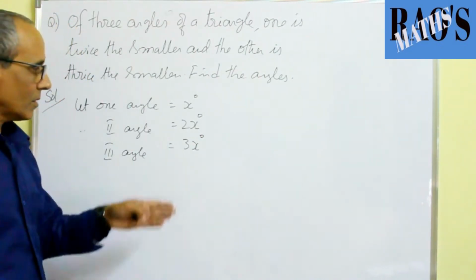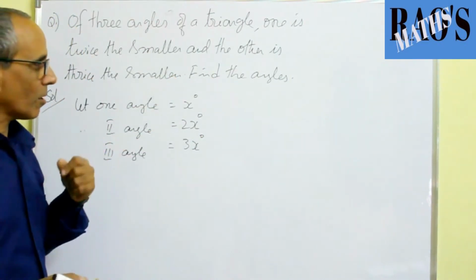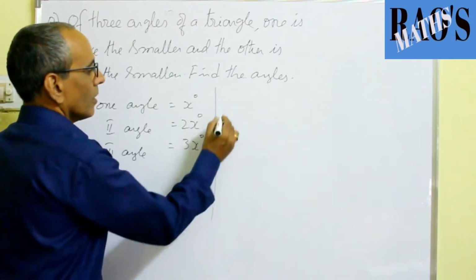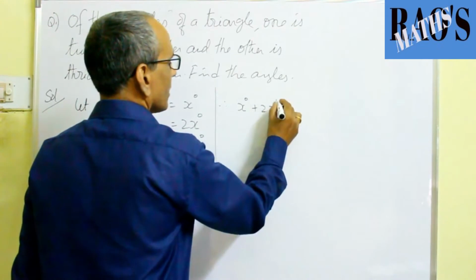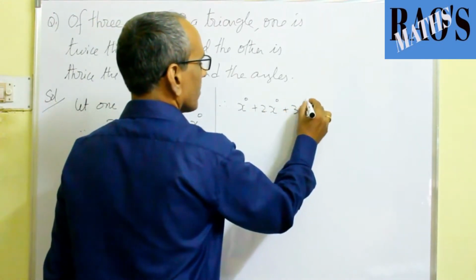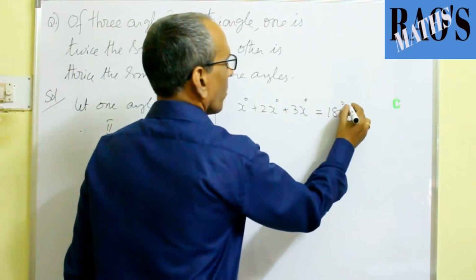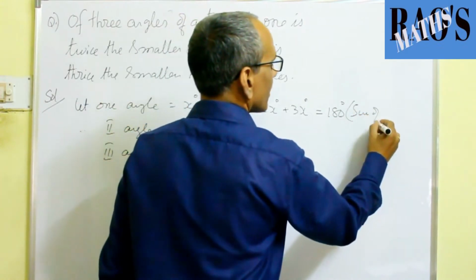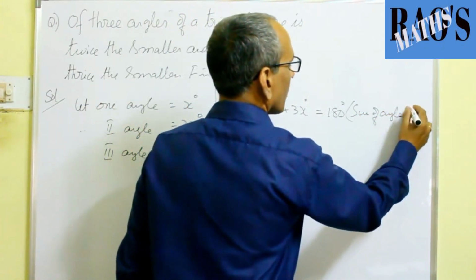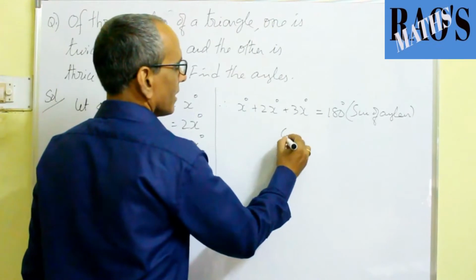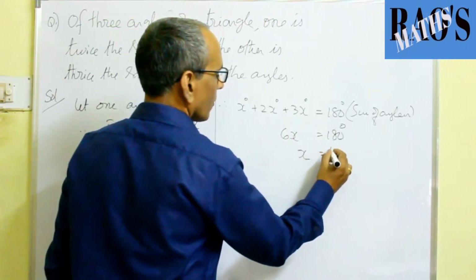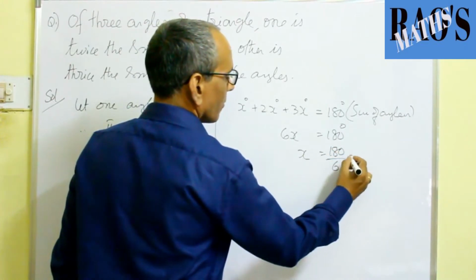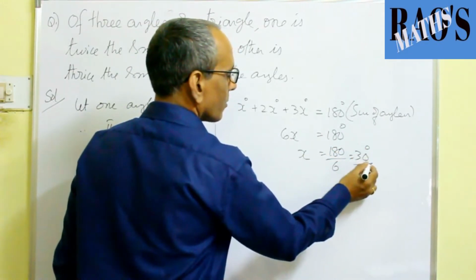We know the sum of these three is 180 degrees by property. Therefore, x degrees plus 2x plus 3x is 180 by the sum of angles property. So we get 6x is equal to 180 degrees and x is 180 by 6, which gives 30 degrees. So we got the smallest angle.